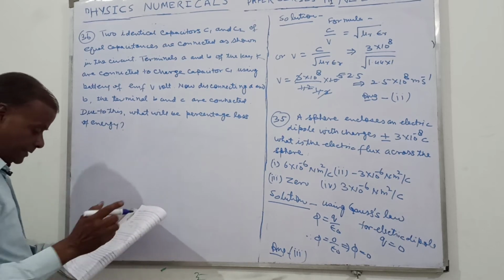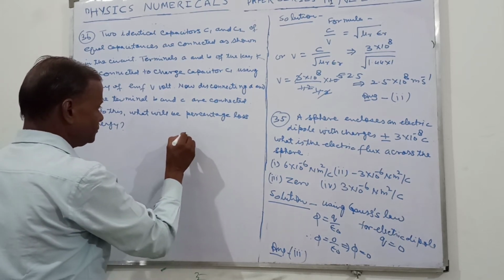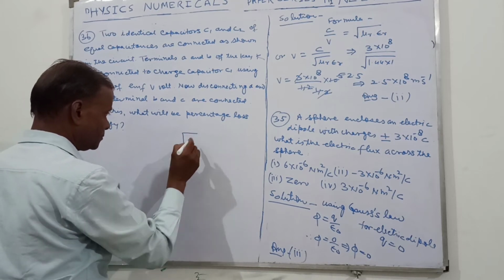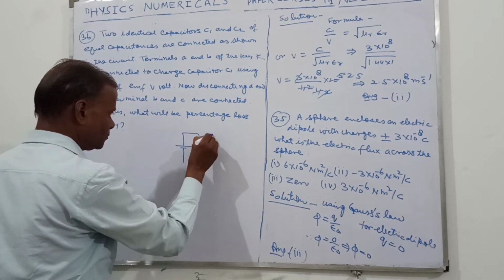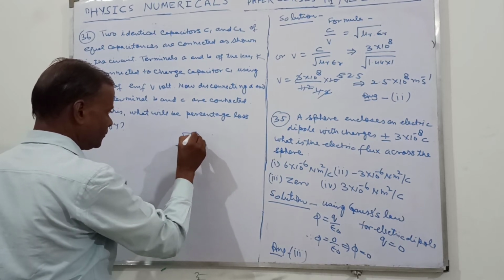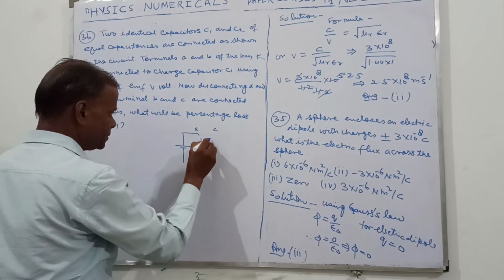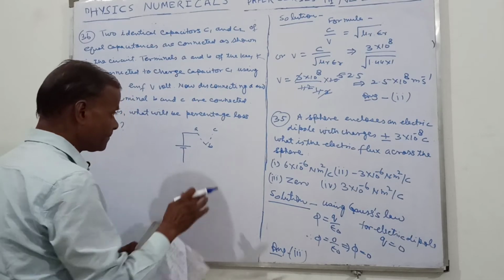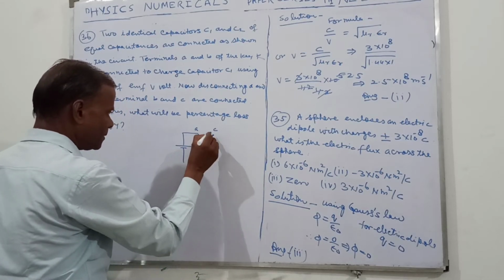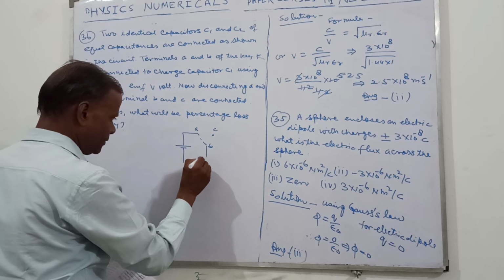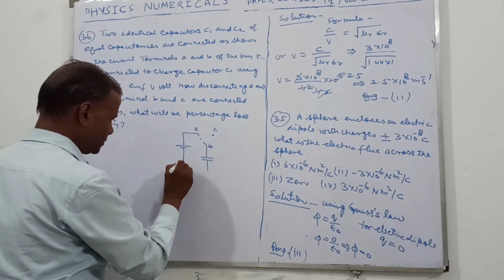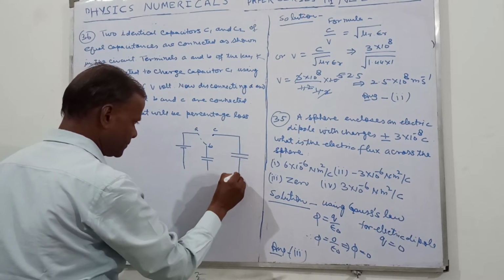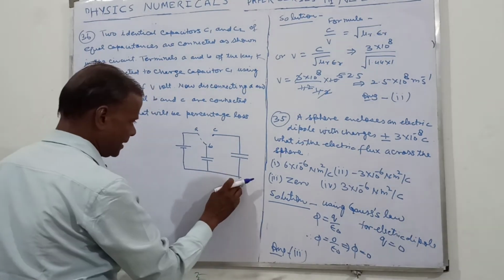Now the circuit is given here. This is A, this is C, and this is your B. Here we have a capacitor, then to this we have another capacitor like this.